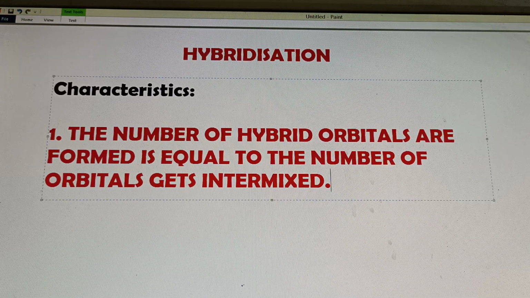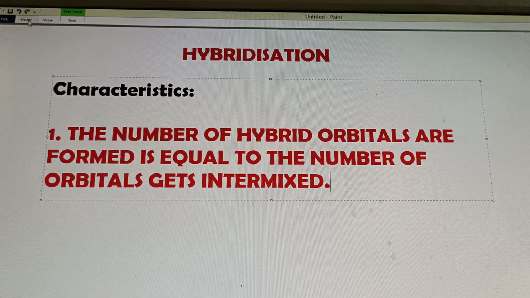Okay, so this is the most important characteristic.